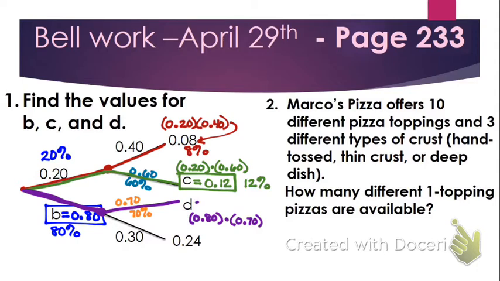So now I need to multiply those together to find out the probability for D. What do you get when you multiply 0.80 and 0.70 on your calculator? 0.56. What is that as a percentage? 56%. And this bottom one, this 0.24, what is that as a percent? 24%.